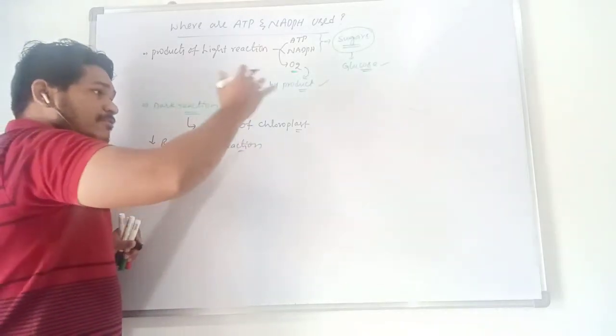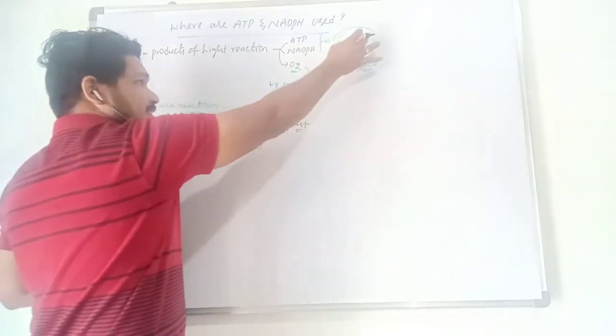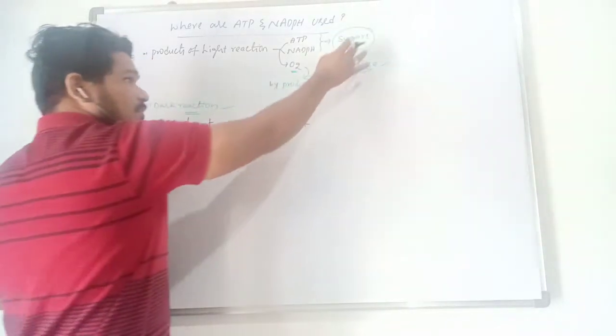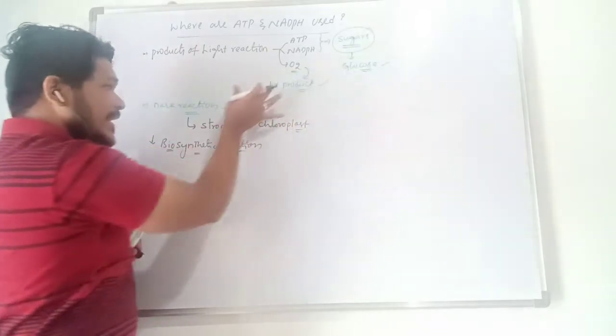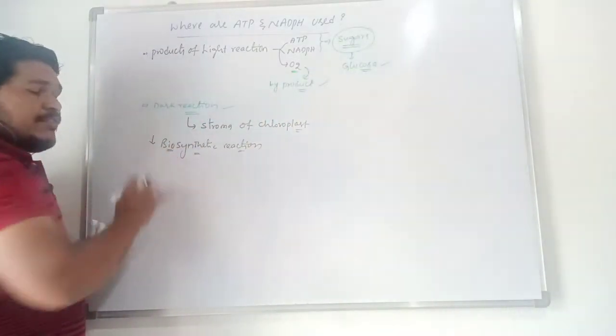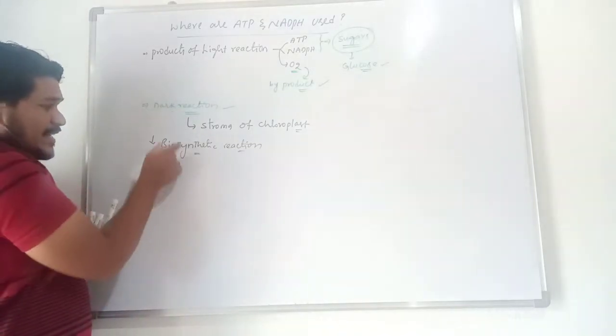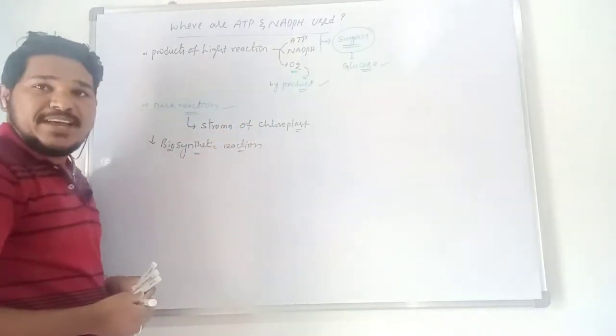The synthesis of glucose does not happen in only one step; several chemical reactions are involved in the dark reactions. Thus the dark reaction is a biosynthetic phase.